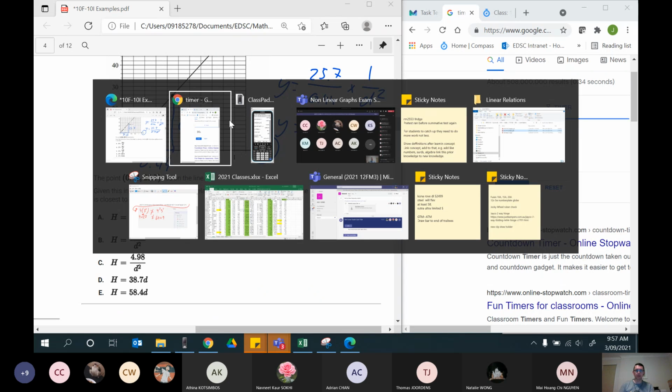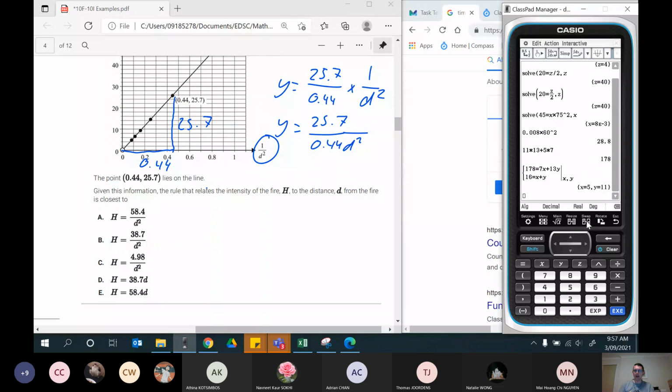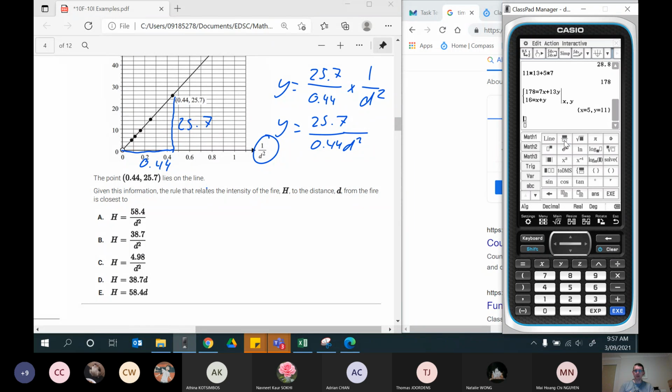So all we need to do is go into our CAS and pull up our keyboard and do 25.7 on 0.44, hit execute, and it's going to give you this number. But this is rounded, okay? It says it's closest to, so you could say 25.8, but it's going to be on d squared.